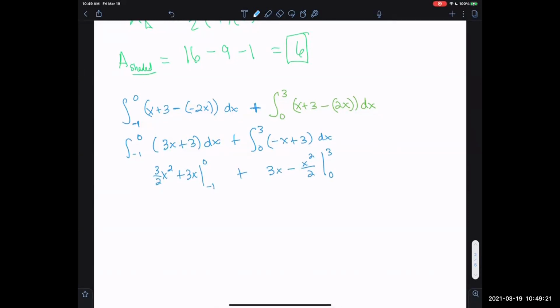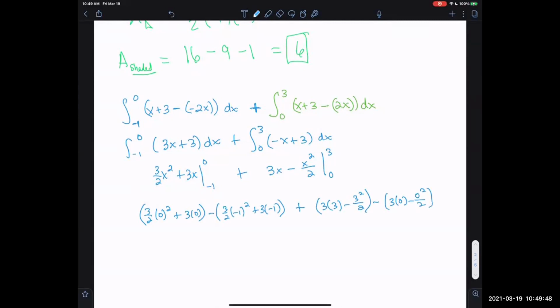So I've got 3/2 times 0 squared plus 3 times 0 minus 3/2 times negative 1 squared, 3 times negative 1, plus 3 times 3 minus 3 squared over 2, minus 3 times 0 minus 0 squared over 2.